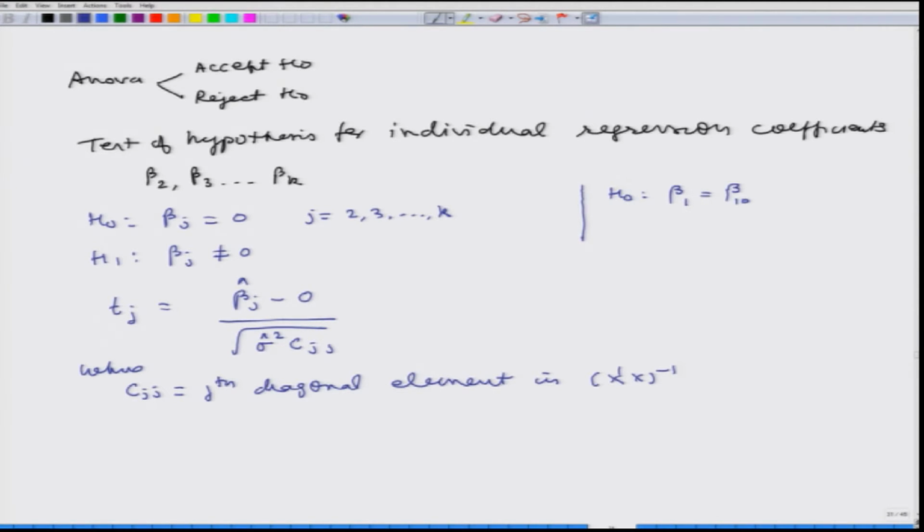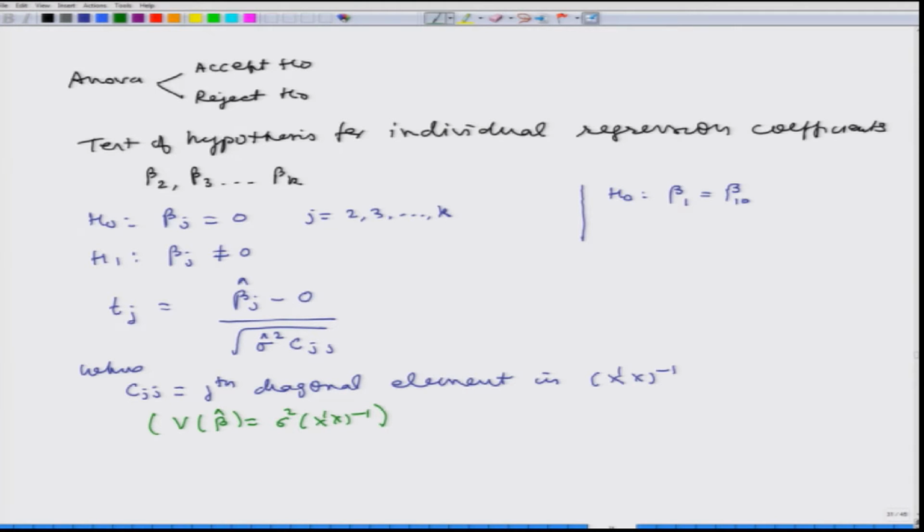Why? If you try to remember, we had obtained that the covariance matrix of beta hat was sigma square times X transpose X whole inverse, and this covariance matrix gives the variances of beta 1 hat, beta 2 hat, beta k hat on the diagonal terms, and their covariances on the off diagonal terms.